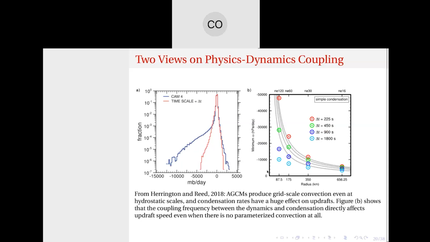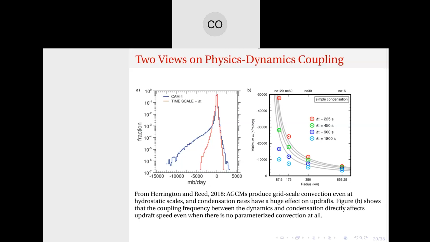Thanks. Yeah, so this is an idealized test that they did where they actually had no parameterized convection. So this is just the mean for the whole grid box. And that's why it can become so much larger when the grid scale is reduced, because then you're actually able to resolve. So that's also an explanation for why these storms seem to be consistently happening at a few grid cells in width.